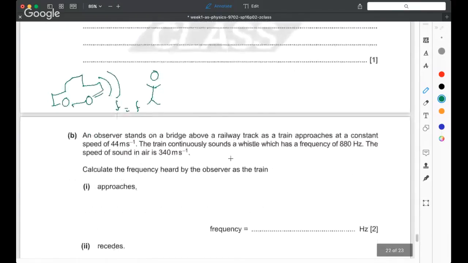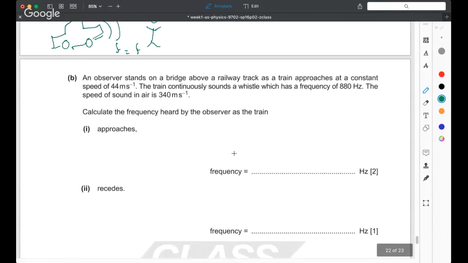So how do you calculate the frequency? F equals... So the speed is... Oh god, I'm not sure. I don't know the equation.